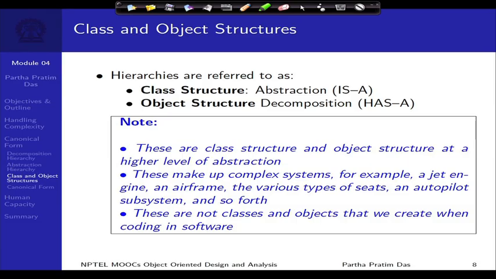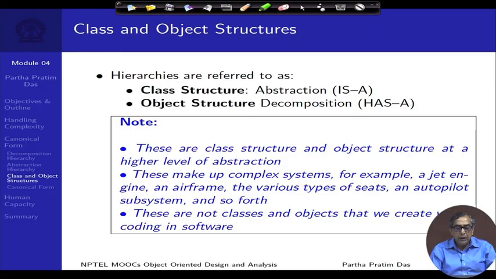So, all that we are saying is that the complex system representation has two orthogonal axes, one which talks of the abstraction hierarchy, the other which talks about the decomposition hierarchy. The one which talks about the abstraction hierarchy we say defines the class structure, and the one that talks about the decomposition hierarchy we say talks about the object structure.